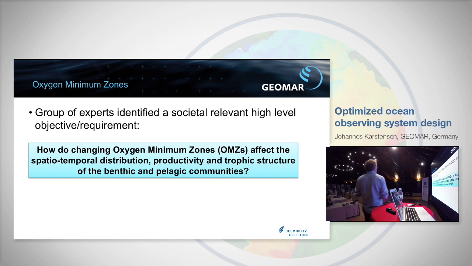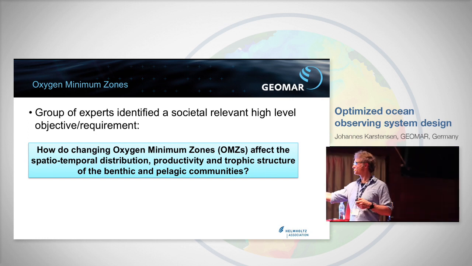So first, as I said, we identified what is the kind of overarching high-level objective. You need to define that first, before you start thinking about how to tackle that in terms of observations. So that was our objective: how do changing oxygen minimum zones already affect the spatial temporal distribution, productivity, and trophic structure of benthic and pelagic communities?